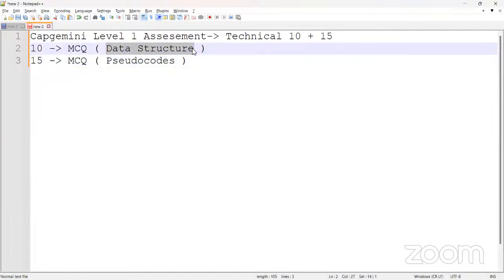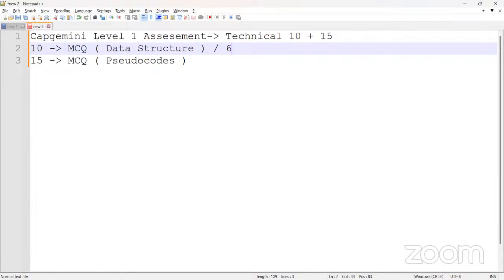And the most important thing, we have gathered here to crack this round. To crack this round, how many questions from these 10 and how many questions from these 15 need to be correct? That scenario is really very important. To crack this round, out of these 10, I need 6 questions correct.